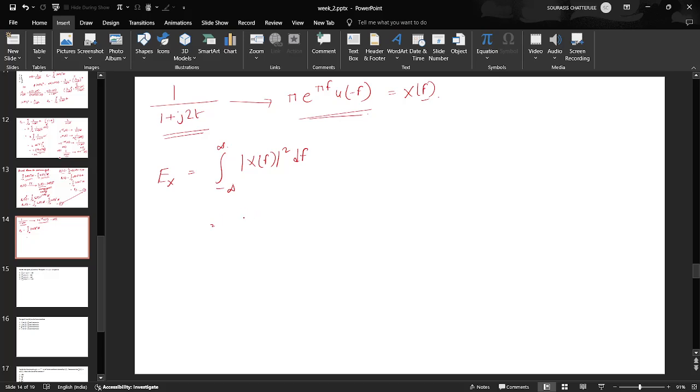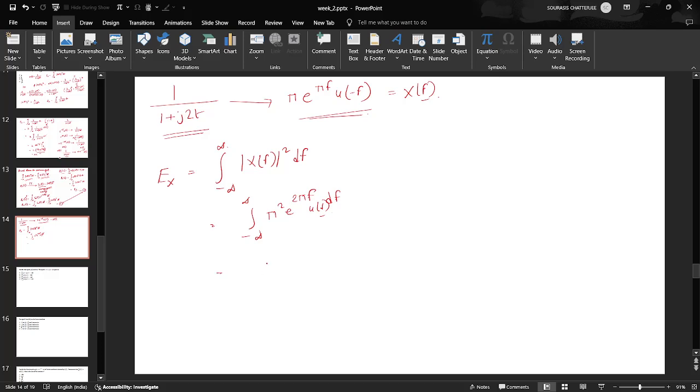And what we have here is, let's write it, minus infinity to infinity pi square e to the power 2 pi f df, okay, u of minus f.